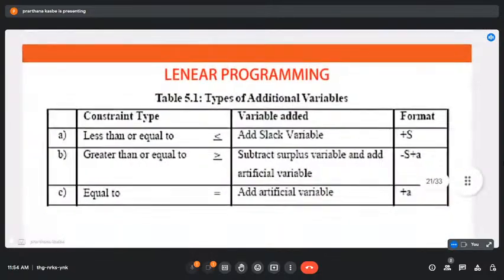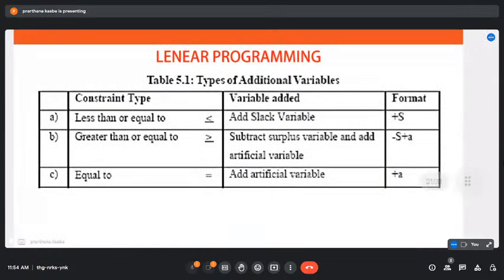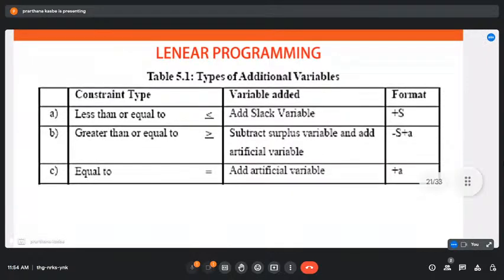So this is the table of additional variables: constraint type, variable added, and format. For constraint type less than or equal to, add a slack variable, plus S. For greater than or equal to, subtract a surplus variable and add an artificial variable.